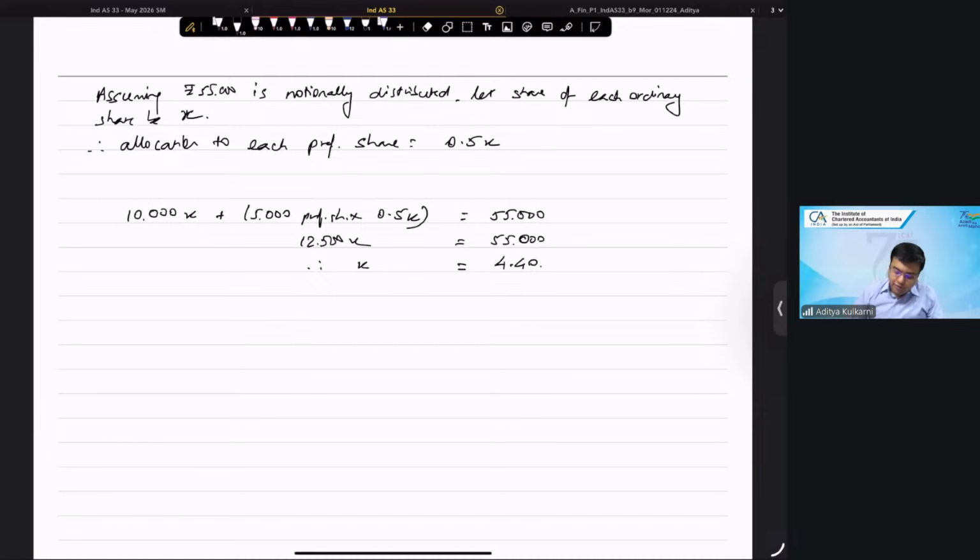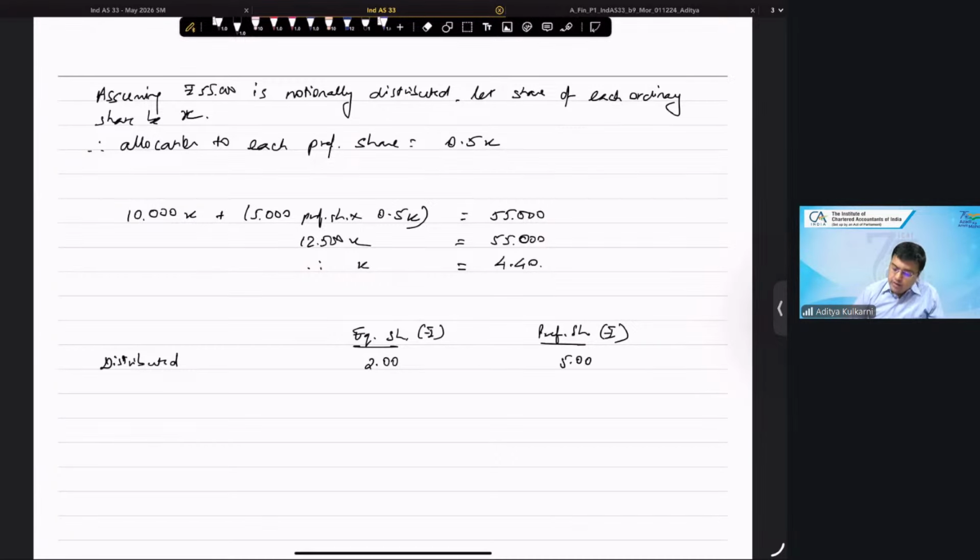So now if I have to calculate the basic EPS, it will be done like this. Equity shares, preference shares, in rupees. Distributed profits: what we started off with was 1 lakh. In that, equity shareholders are getting 2 rupees.